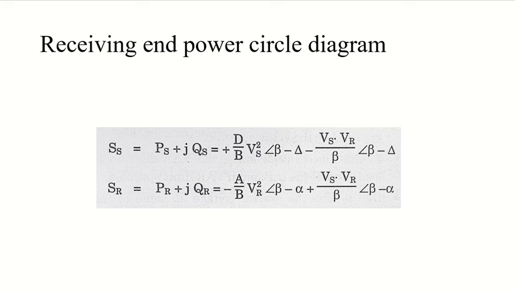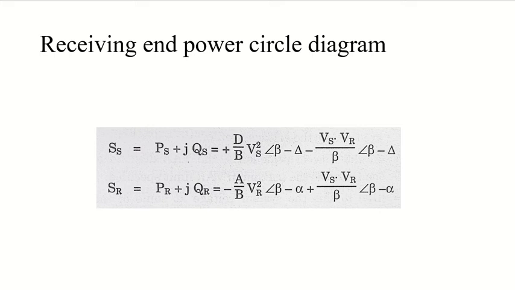It not only provides you that quantity, but it also provides other important aspects and other important quantities of the power system as well, right? Firstly, the apparent power of the line for the sending end can be given as PS plus jQS, as you can see here.